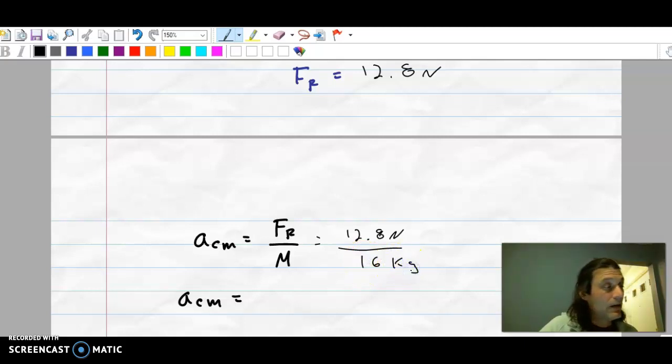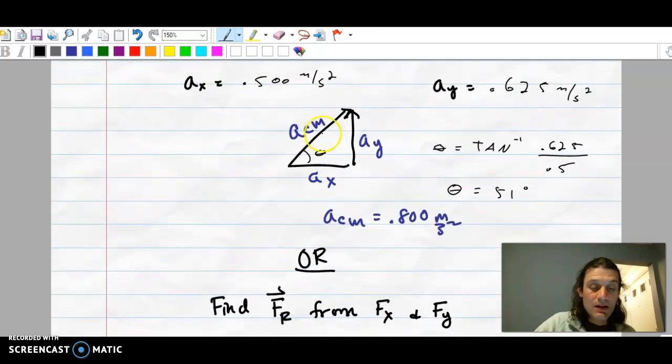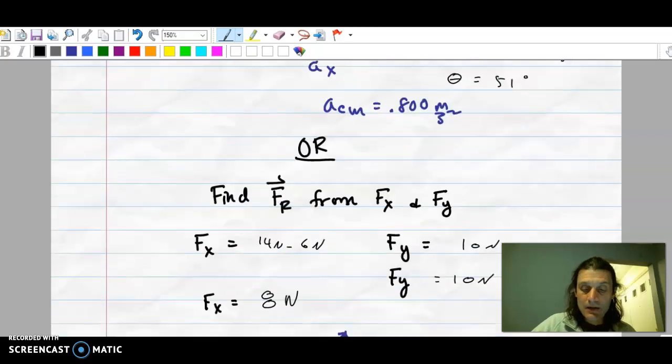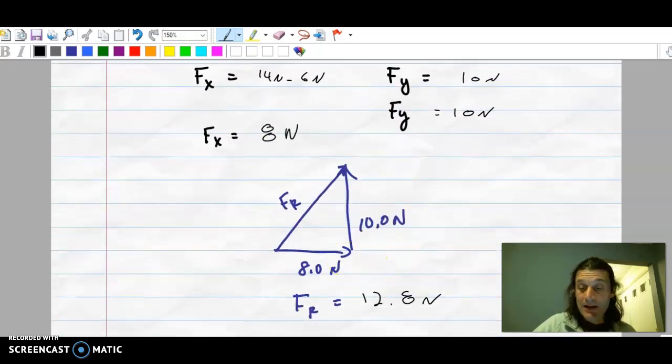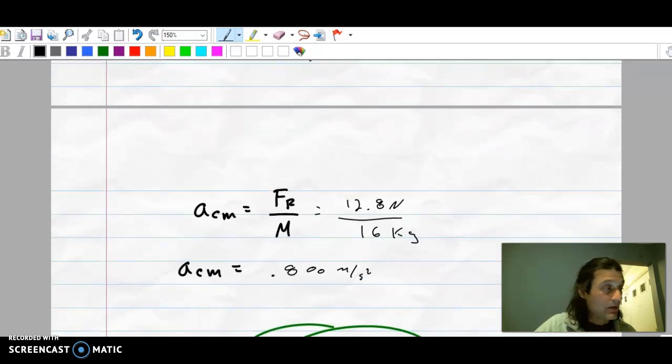And 12.8 divided by 16, son of a gun, it's exactly the same thing we got up here when we did the triangle, 0.800 meters per second squared. So you can divide by the mass whole before you triangulate, or after you triangulate. It's up to you.